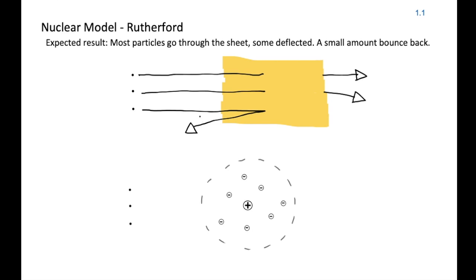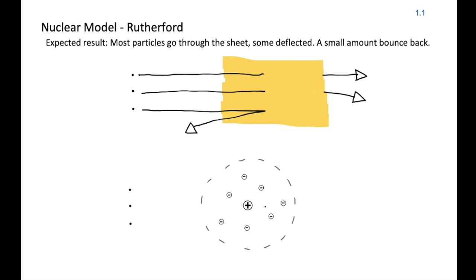He actually described this at the time: it was as if you'd be firing a 15-inch shell at a sheet of tissue paper and watch it bounce back. He then decided that the plum pudding model wasn't accurate, and instead came up with an entirely new one to explain the experimental results.